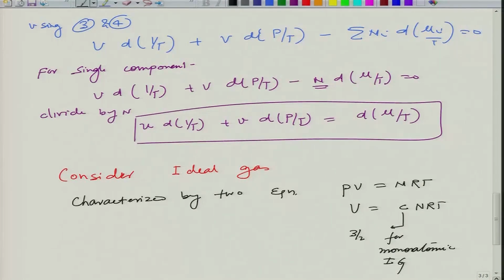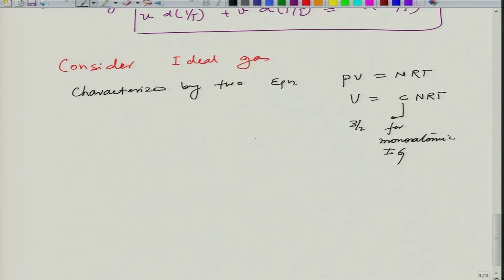Okay. So, remember that this is for high temperature and low pressure, right. That is the validity of the ideal gas: high temperature and low pressure.